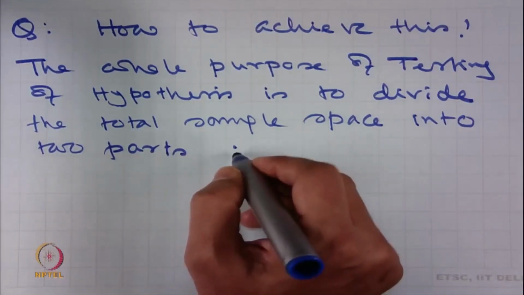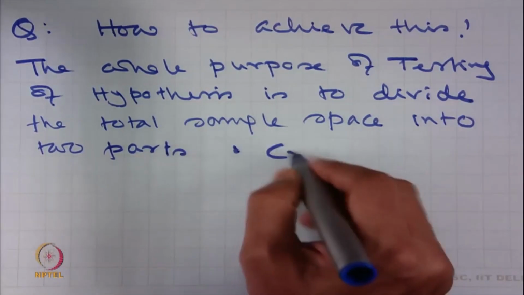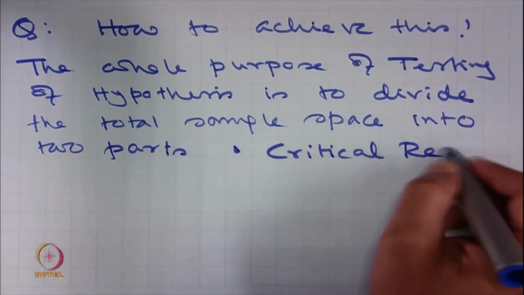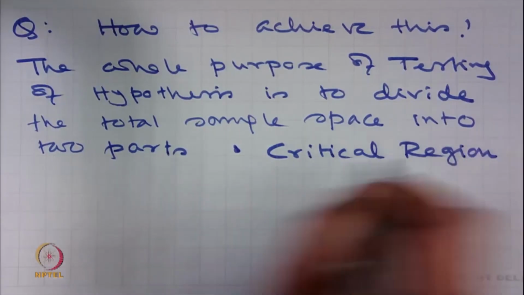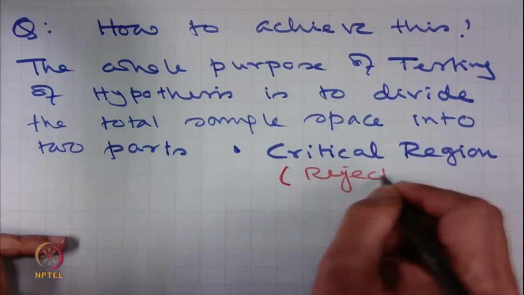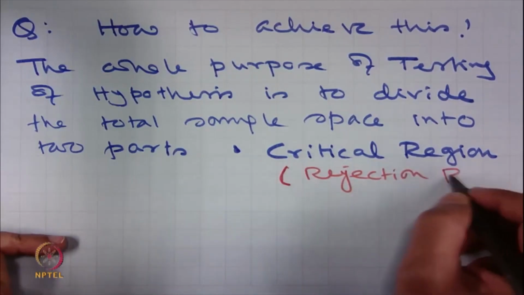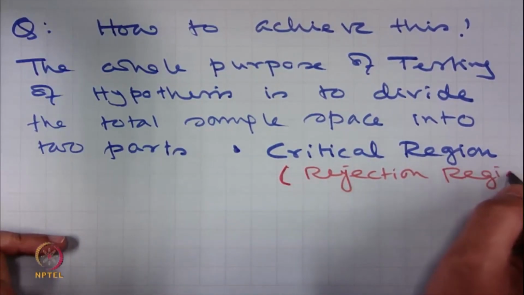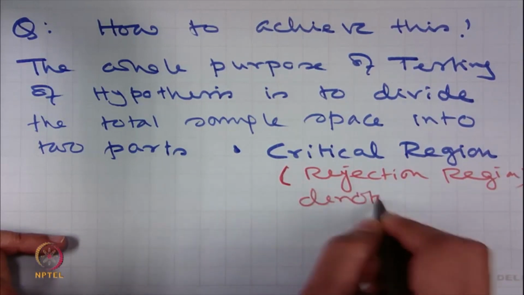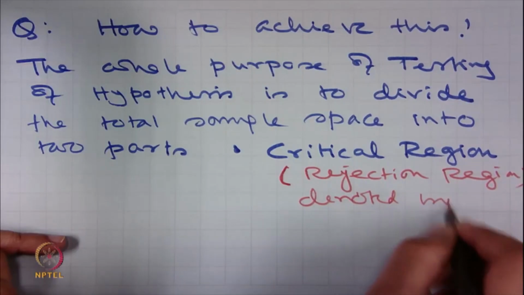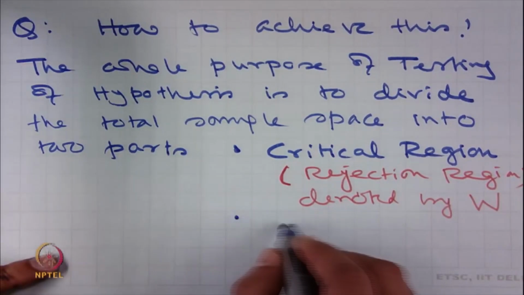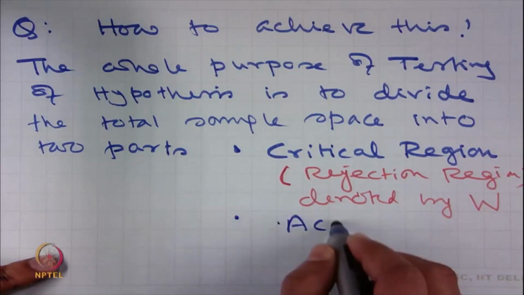One is called the critical region or rejection region, and we will denote it by W, and the other one is the acceptance region.